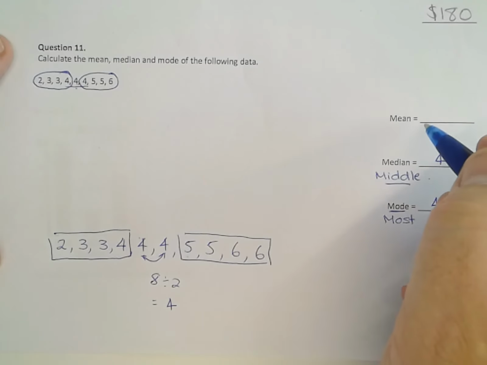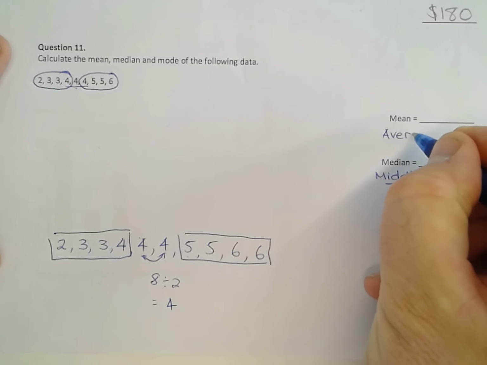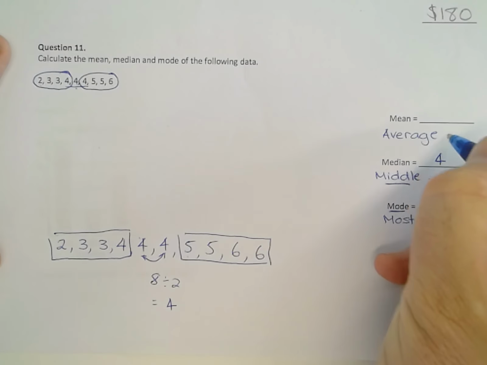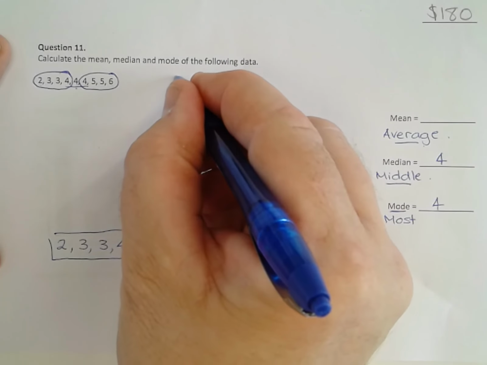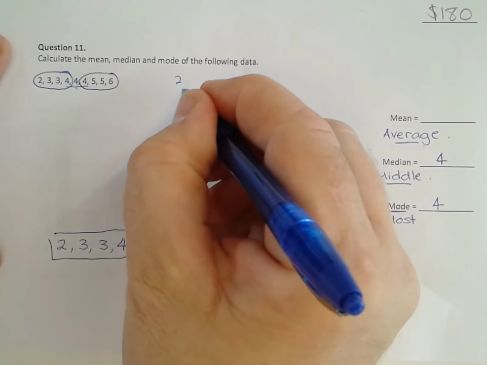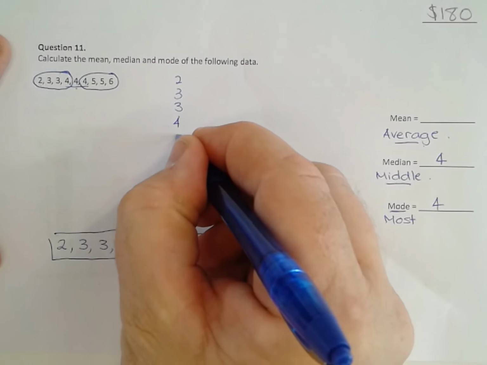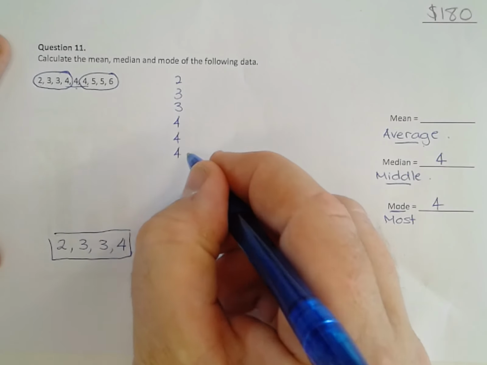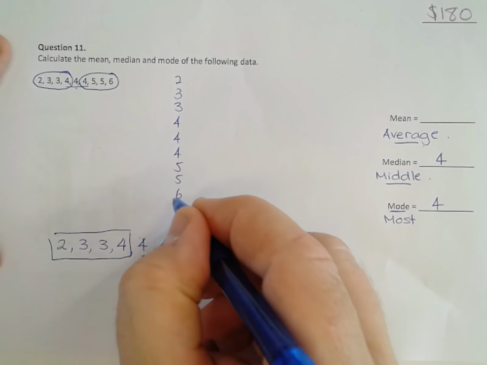And mean, or another word for mean, is the average. Now we work out the average by adding up all the numbers. So we have 2 plus 3 plus 3 plus 4 plus 4 plus 4 plus 5 plus 5 plus 6.